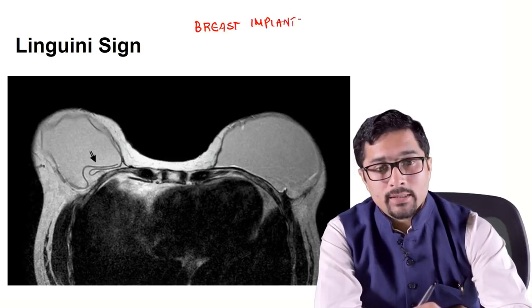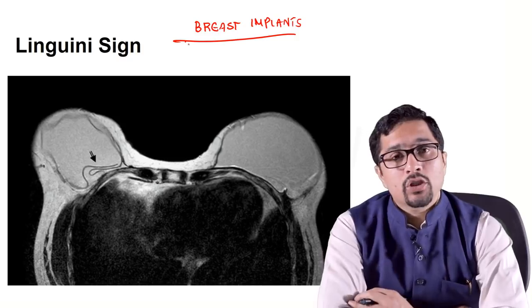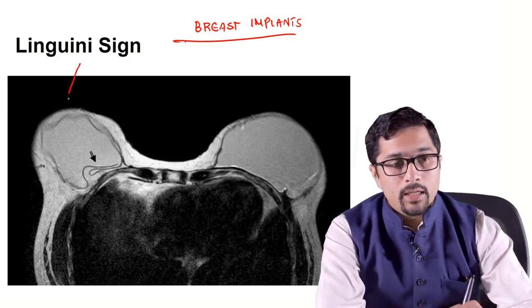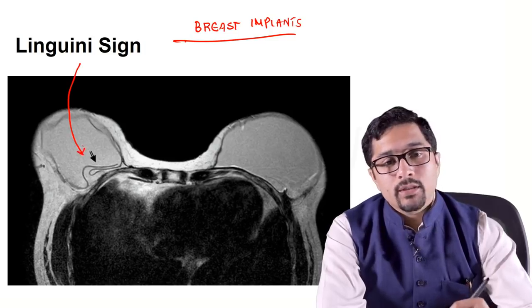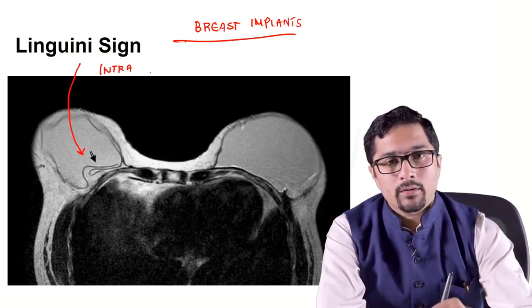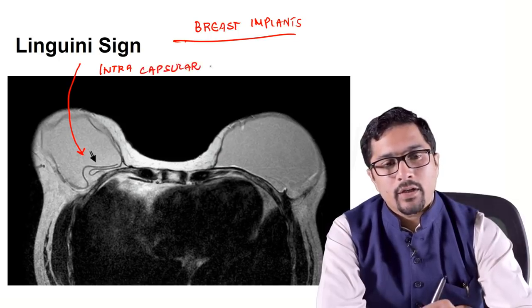In patients with breast implants, this is the imaging of choice. And here I also want you to remember Linguini's sign, which is a sign of intracapsular rupture of implant. It is a sign of intracapsular rupture of implant.